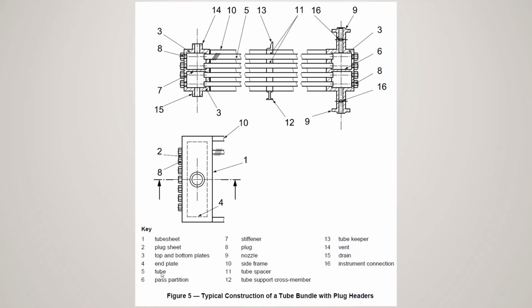Tube sheet, plug sheet for carbon steel is 19, and stainless steel is 22. So some of the parts you can remember immediately. And for nozzles, it is schedule 160 up to NPS 4, and above NPS 4 it is schedule 80.